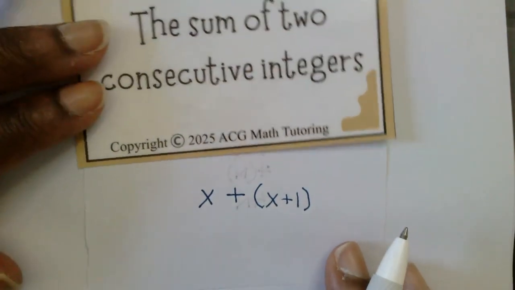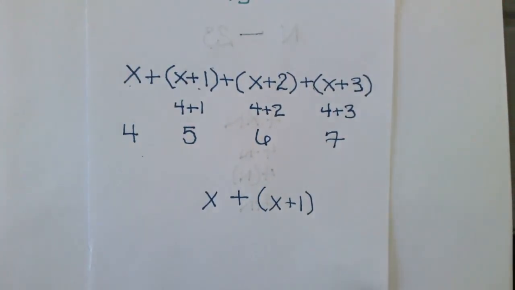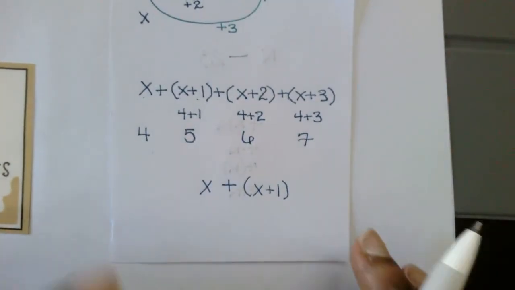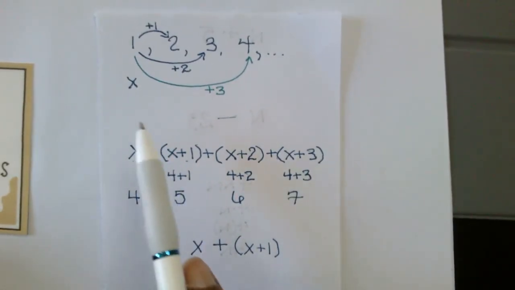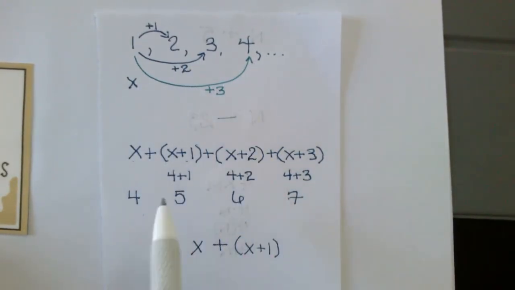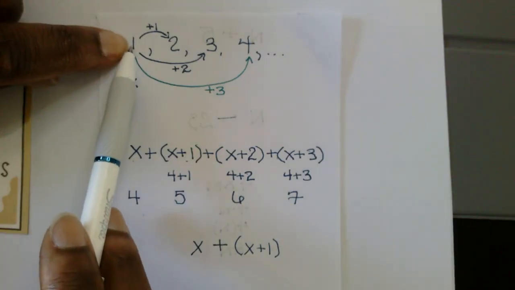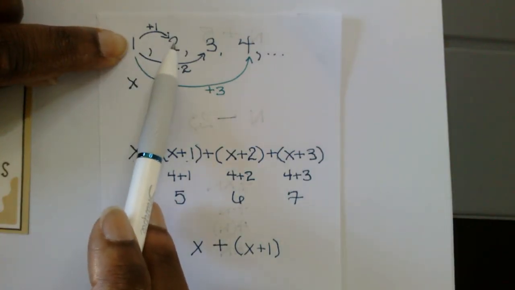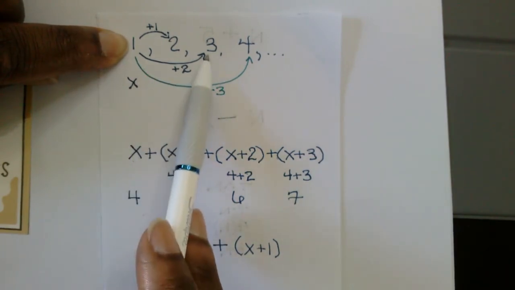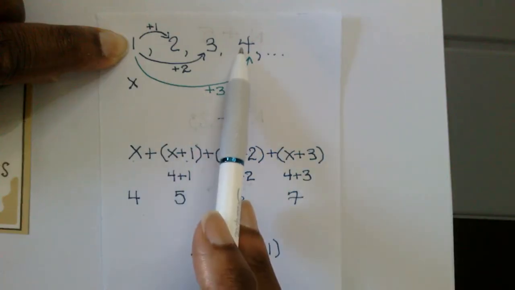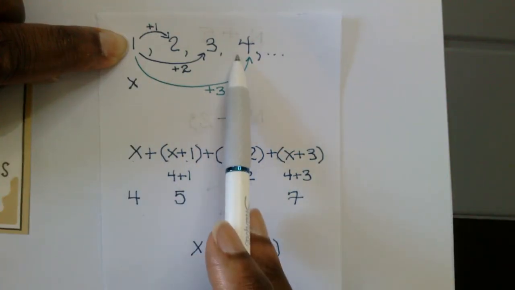So if you understand the pattern, let me expand a little bit. If you understand the pattern of what's happening with consecutive numbers, like if I started with 1, how do I get to 2? I add 1. If I start with 1 to get to 3, I had to add 2. If I start with 1 to get to 4, I have to add 3.